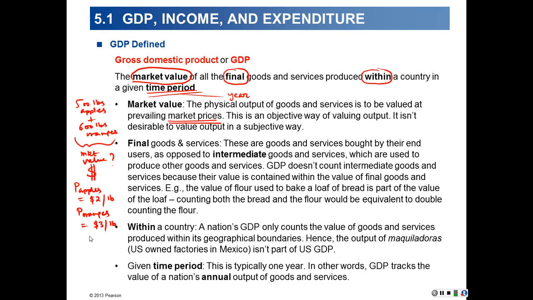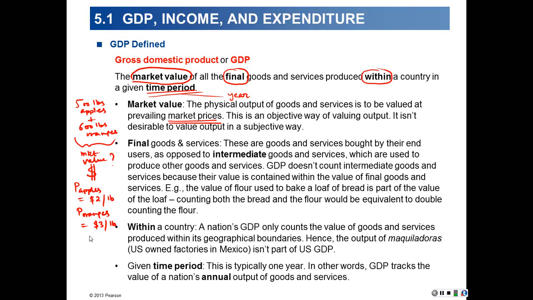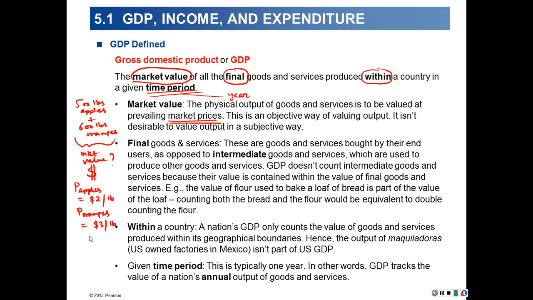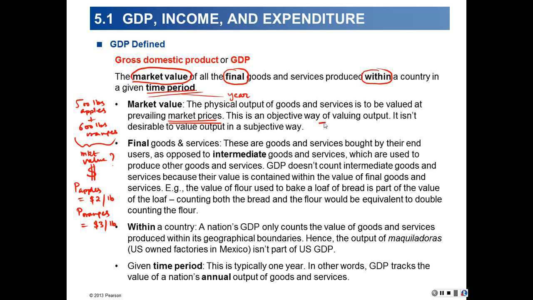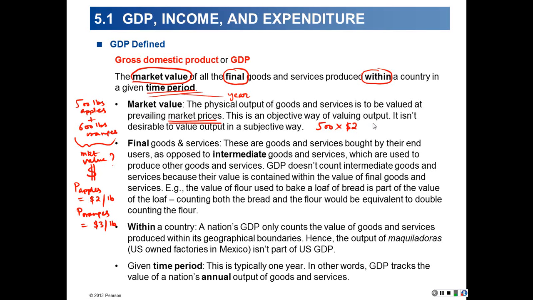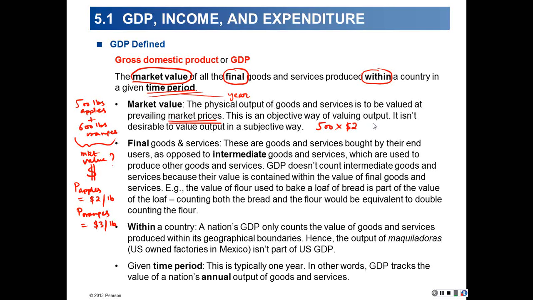Could we use these prices to figure out the market value of the physical output of this economy, 500 pounds of apples, 600 pounds of oranges? Yes, we could, right? What we would do is we would take the 500 pounds of physical output of apples, multiply this by the $2 a pound. This would have converted the apples into a dollar value using the prevailing market price, correct?